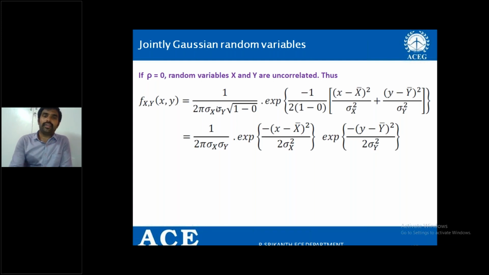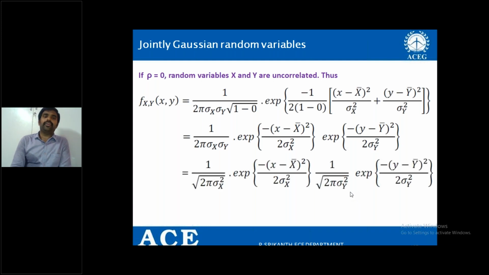If you observe the expression, how do you write it? If I separate the whole equation into two terms, how do you separate? That is 1 by under root 2 pi sigma x square, and the other part will be 1 by under root 2 pi sigma y square, exponential of minus of x minus x bar whole square by 2 sigma x square, and here also exponential of minus of y minus y bar whole square by 2 sigma y square.